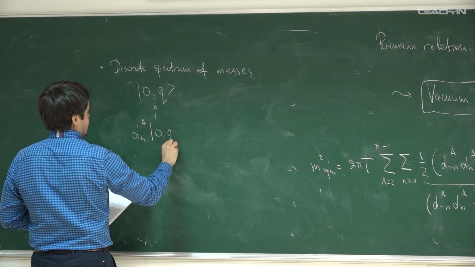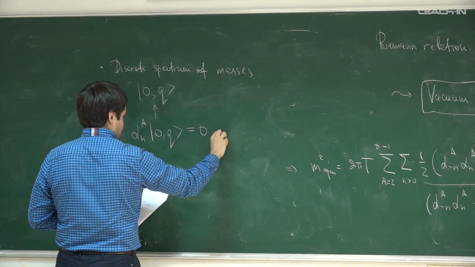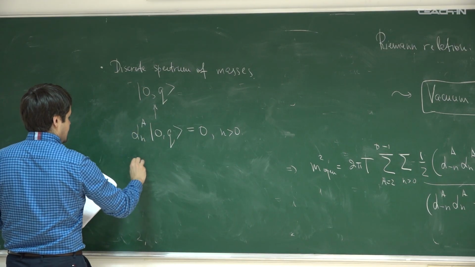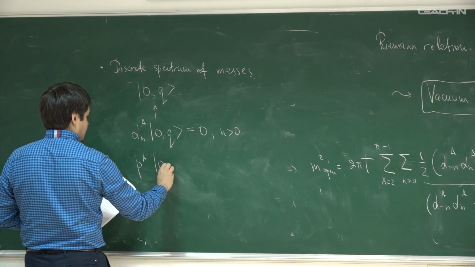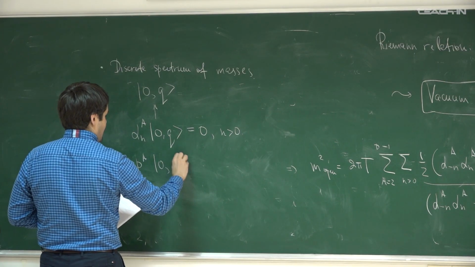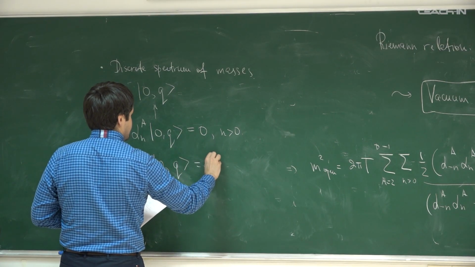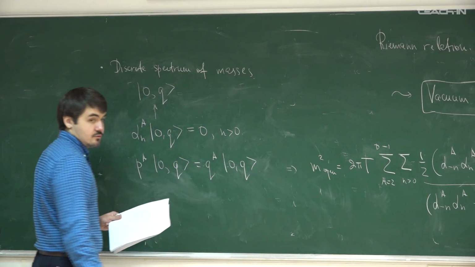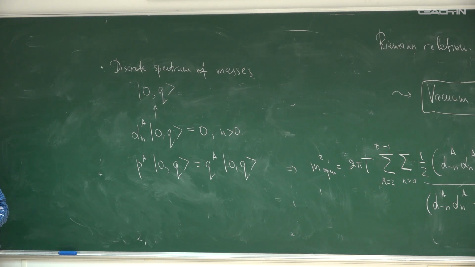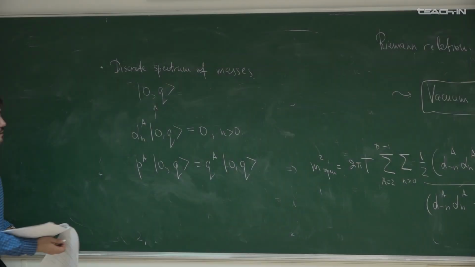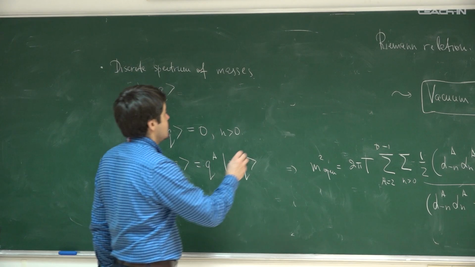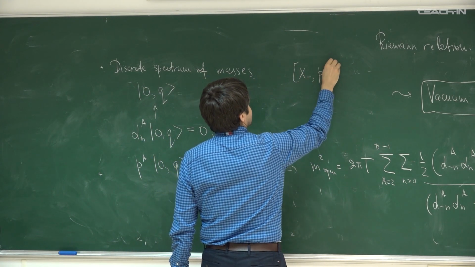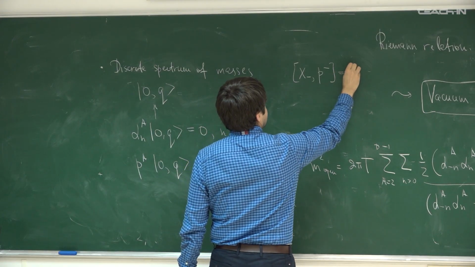So this is still annihilated by all the positive oscillators, but then P A acting on this gives Q. So it's also an eigenstate of momentum. And in fact, we also have one more commutation relation, which was x minus with p minus equals i.